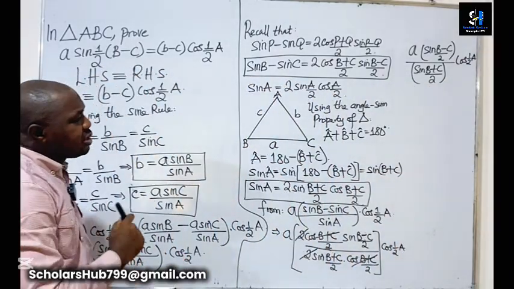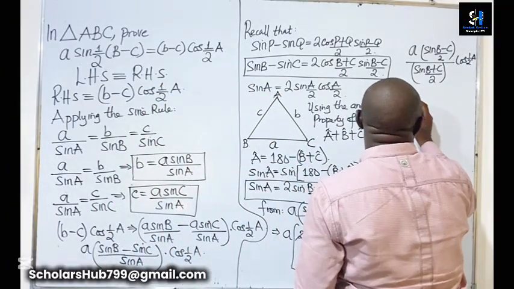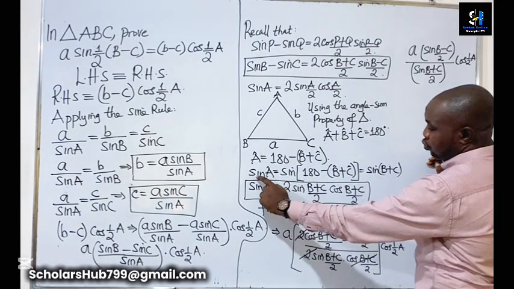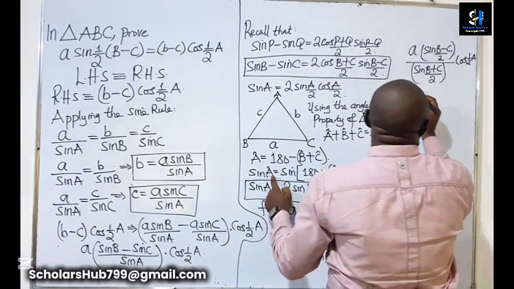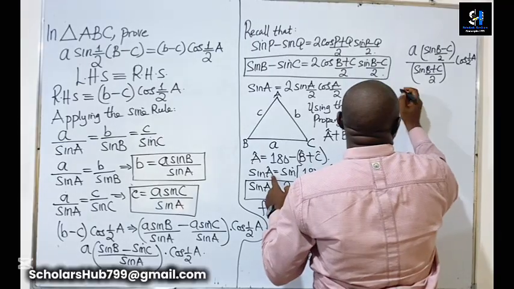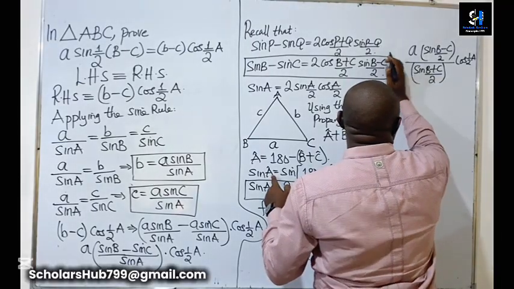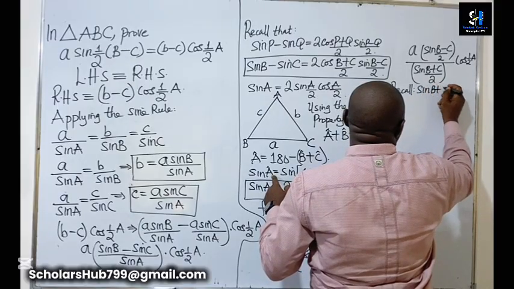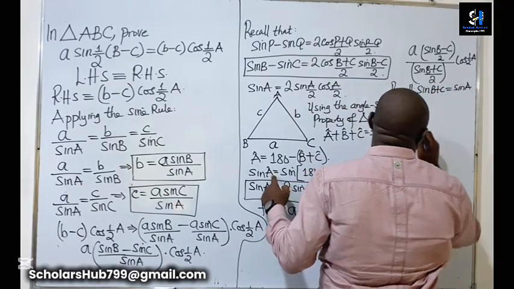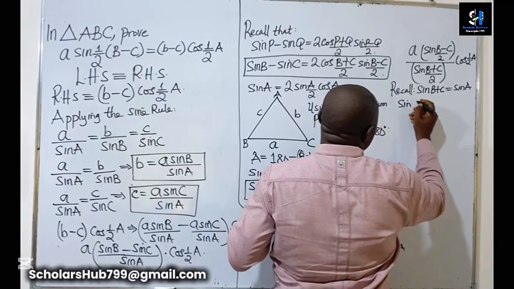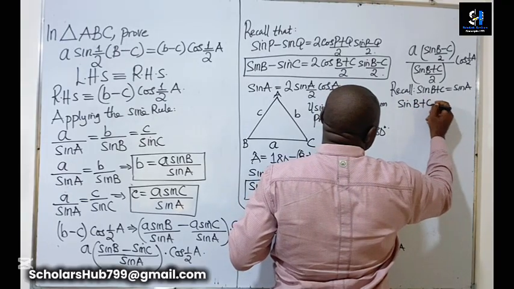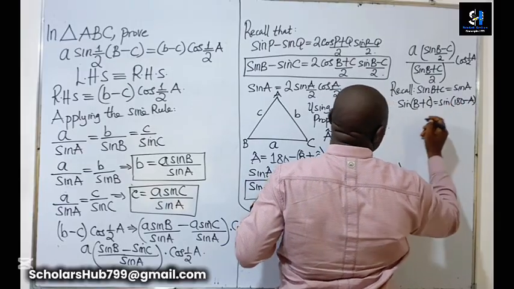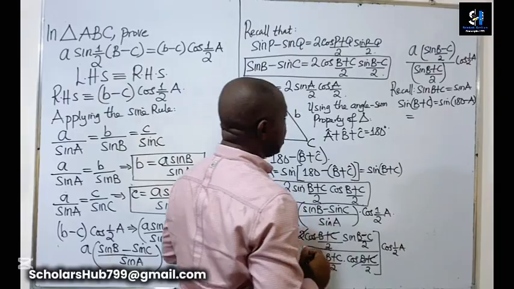Now, in this case, we know that sine (B plus C) is equal to sine A. Recall, sine (B plus C) equals sine A, which means sine (B plus C) will be equal to sine (180 minus A).